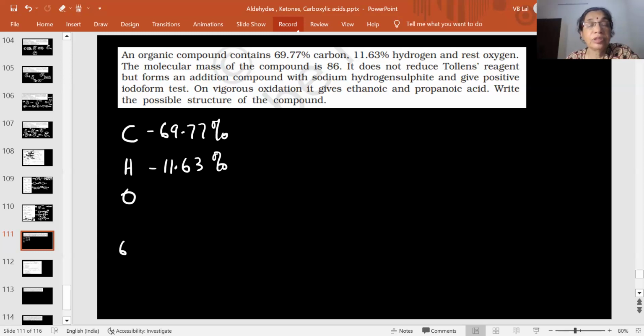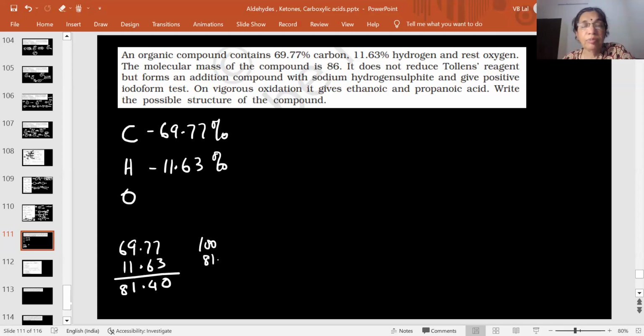So how much will be oxygen? First add these two, 69.77 and 11.63. That is 81.40. Now how much is oxygen? 100 minus 81.40 is 18.60.